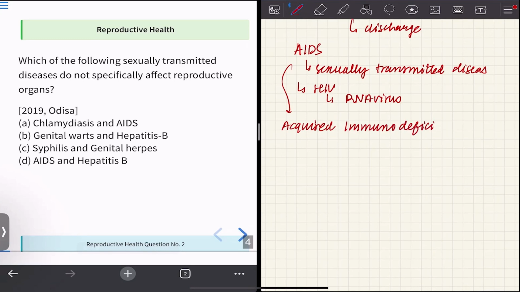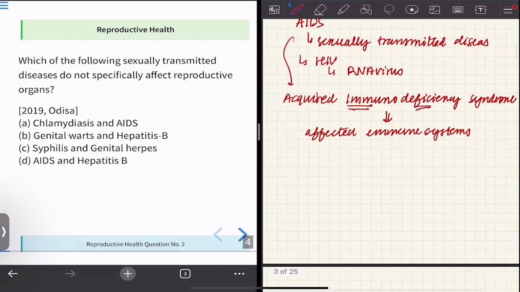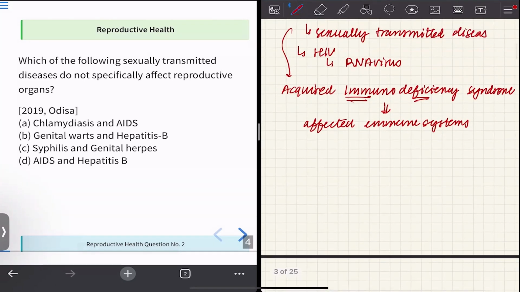And what is deficient in these persons? The immune system is affected in these people. So AIDS, in short, doesn't affect reproductive organs. The reproductive organs are not affected in this particular disease.